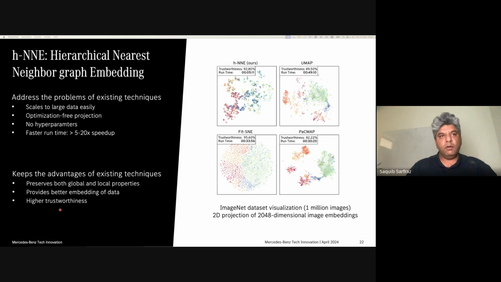So our idea was to address again the problems of these techniques: first of all, to have something that can scale to large data easily, and to avoid basically the optimization step in these algorithms. So in this h-NNE, we are doing an optimization-free projection.